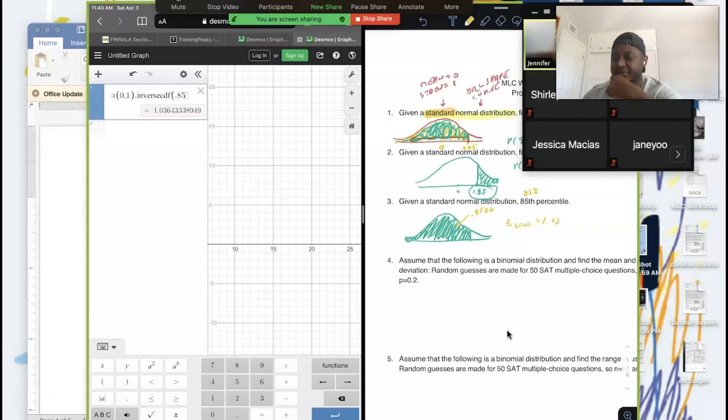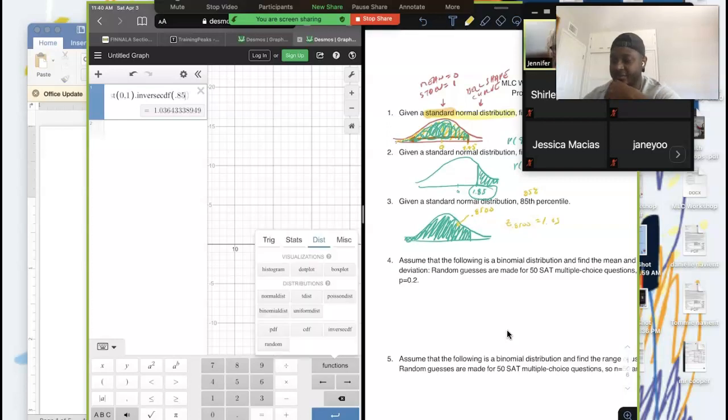You're working backwards, so you're using the area to find the z-score. Normally we use the normal distribution and it gives you the area, but we want to work backwards to find the inverse. That's the function in the functions table that we use to find the z-score from the area.